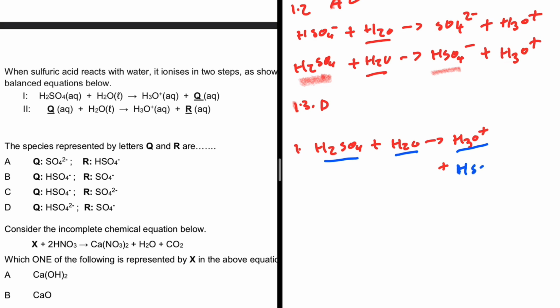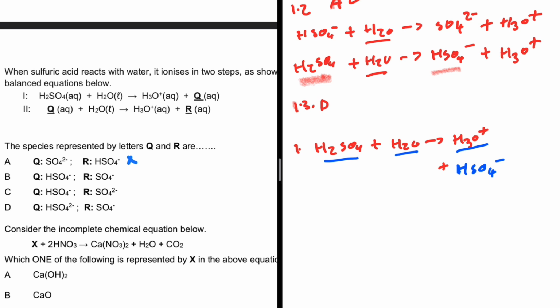And then SO4 minus, because we have donated one proton, and then here it is plus because it has accepted one proton. So we know that Q is HSO4 minus, right? So at this point we know that A cannot be our answer because it says Q is SO4 2 minus.